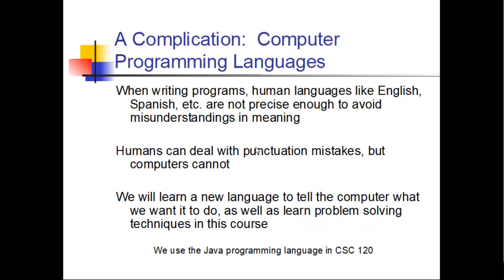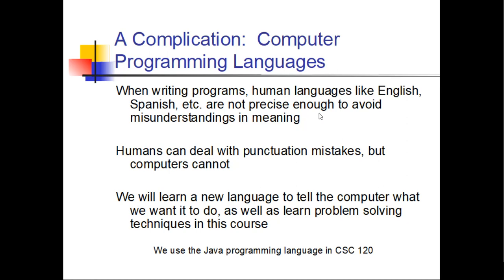One complication that we have is that we can't use human languages. English is one of the human languages, but any of the normal human languages like English or Chinese or Russian are not precise enough to avoid ambiguities or misunderstandings in meaning.